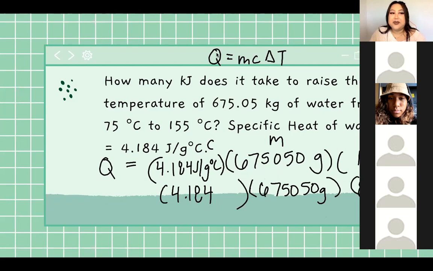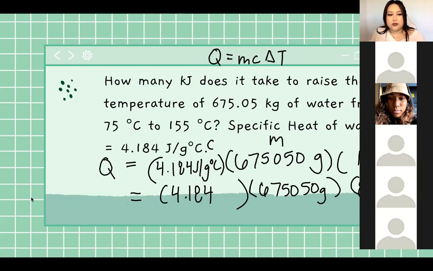That's okay. It could be right. What did you get? Yeah, so 675,050 times 4.184 times 80 is a big number, right? And that's why there are bigger units.